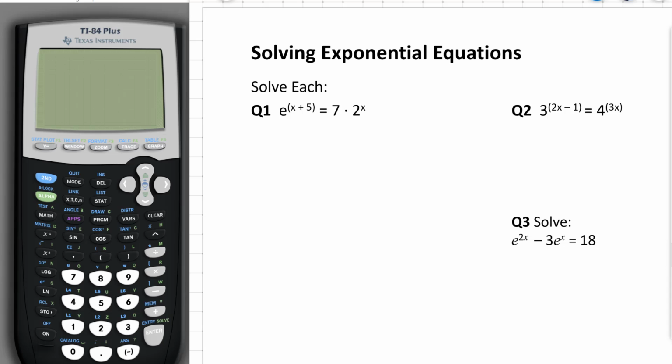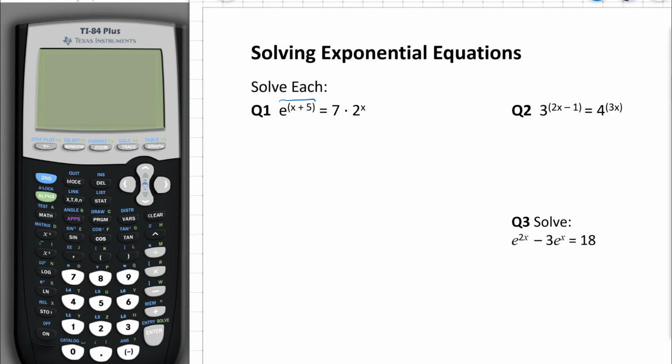Now, because we have exponentials on both sides, there's not really much we can do except try to isolate at least one of the exponentials. And fortunately, this one is already isolated.